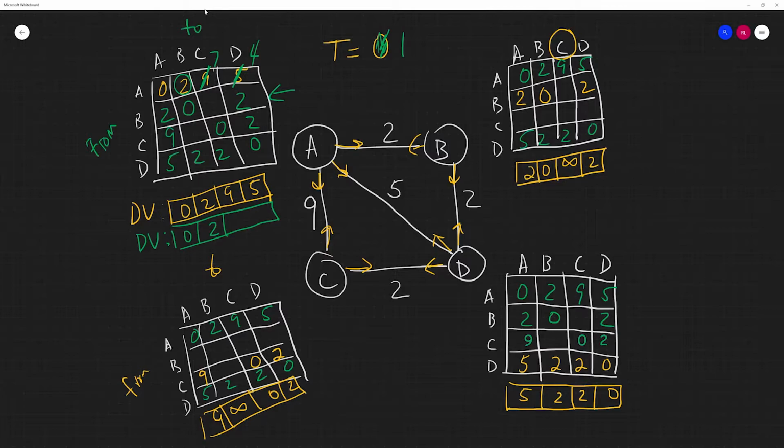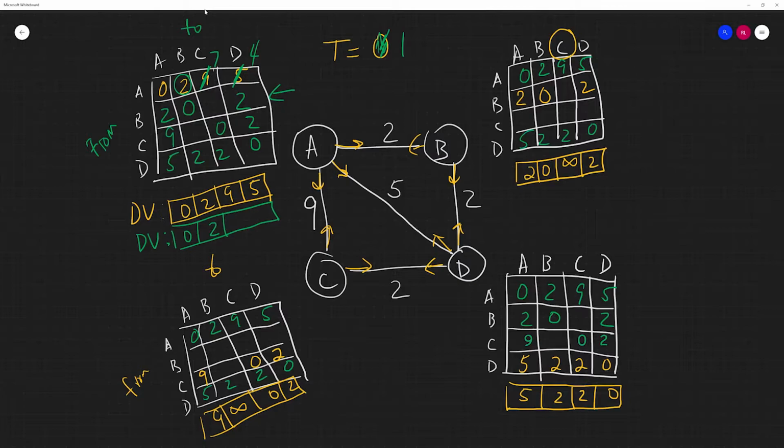Now imagine that. This is just because we're working left to right. But this also assumes that all 3 of these distance vectors arrived at the same time. So I received B's distance vector, C's distance vector, and D's distance vector. But imagine that I received B's distance vector first, maybe 1 second earlier.